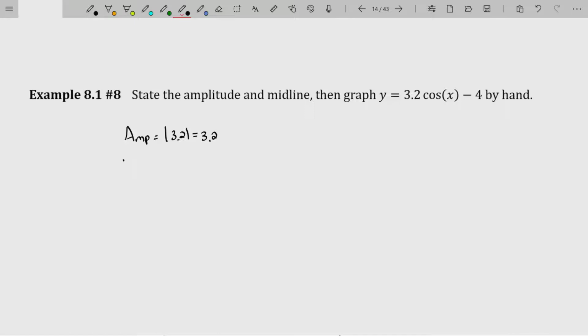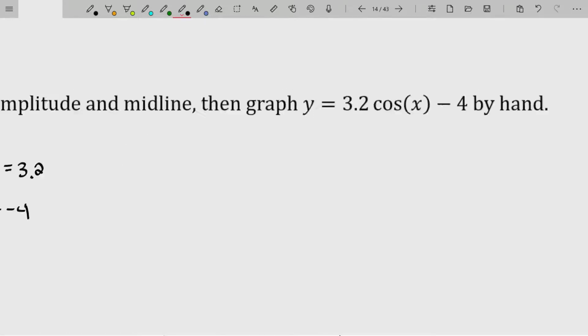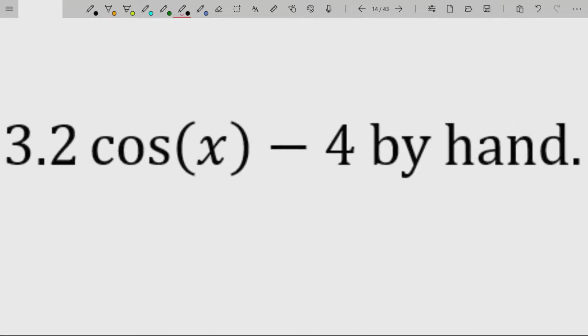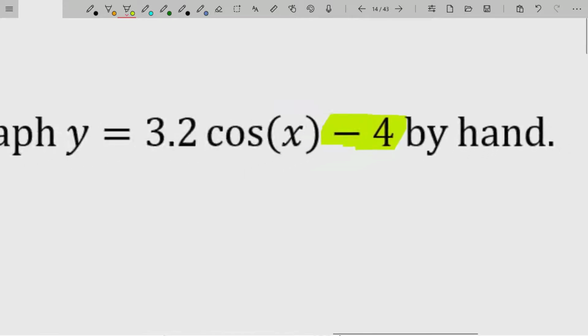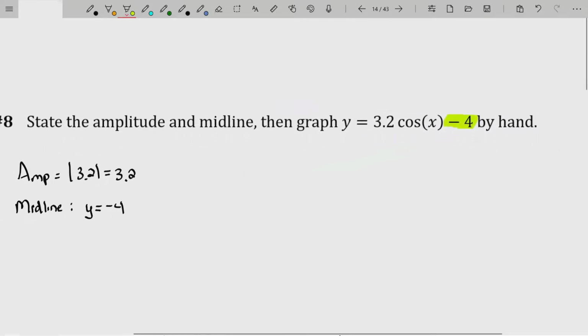And the midline is y equals negative 4. It's been shifted down 4 units. So that's why our midline is at negative 4.